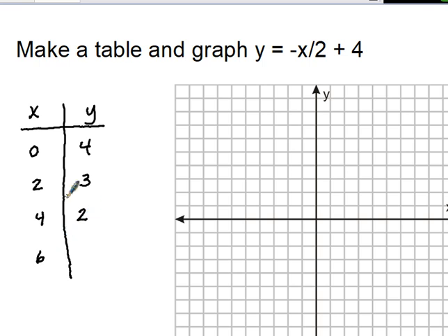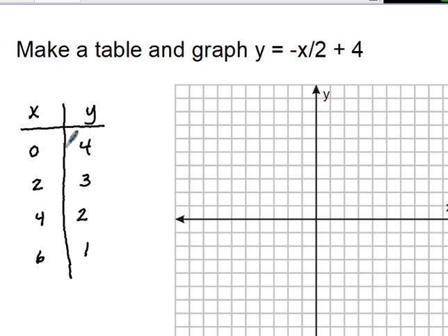Finally, the last, and you can kind of see a little pattern here, probably, can't you? I'm going to go ahead and put a 6 for my x here, so the 6 becomes negative. Negative 6 divided by 2 gives me negative 3, plus 4 gives me, as you probably would have anticipated, a 1. So now I've got 4 points that I can use to graph my line.